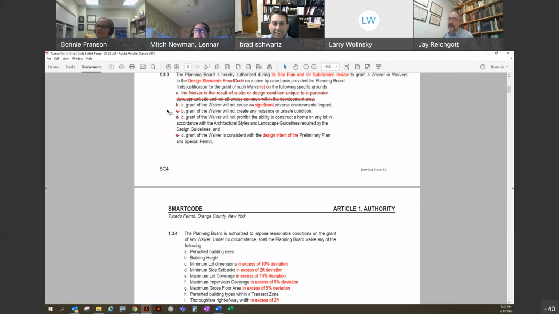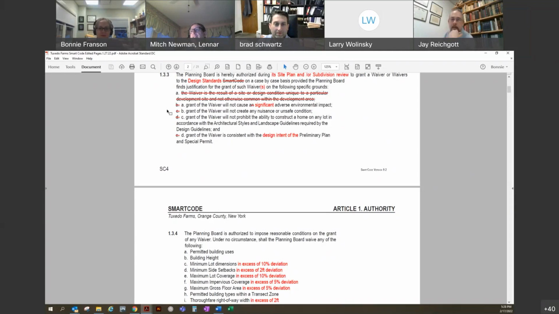I think the intention of this clause, and correct me if I'm wrong, Larry, is that we're not going to allow the planning board to give a blanket 2-foot waiver for every side yard. We want you to come and explain why this side yard needs to be changed, and then they can look at it. Absolutely.